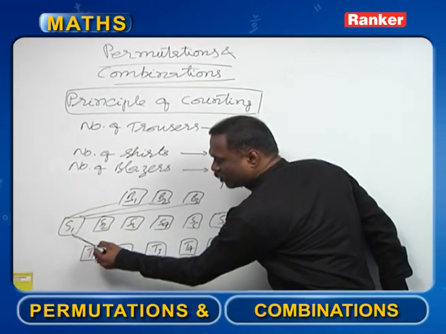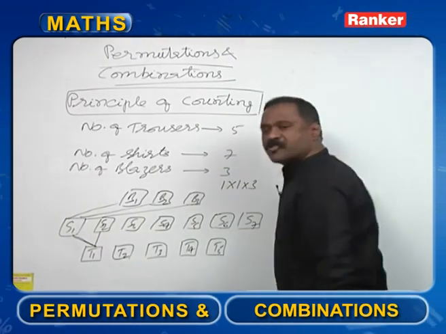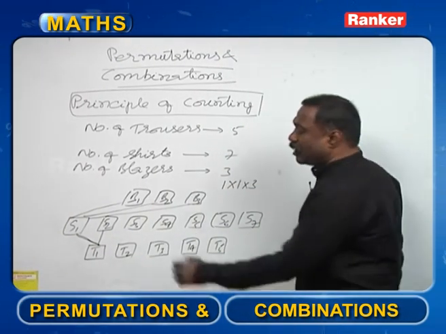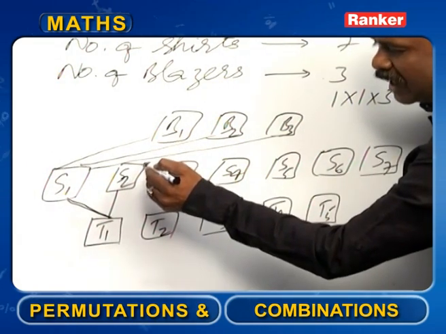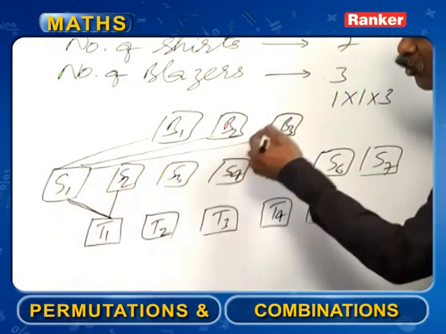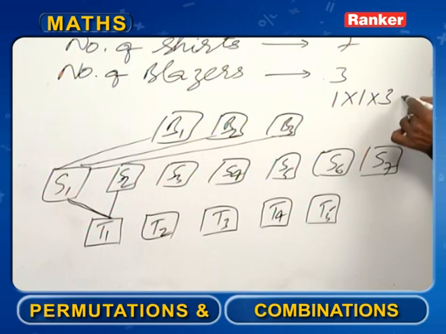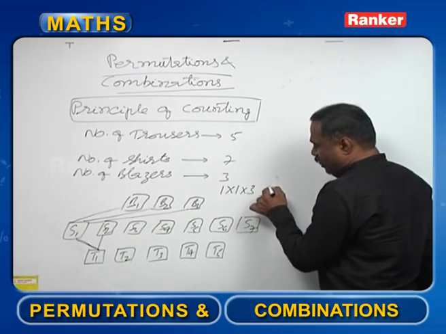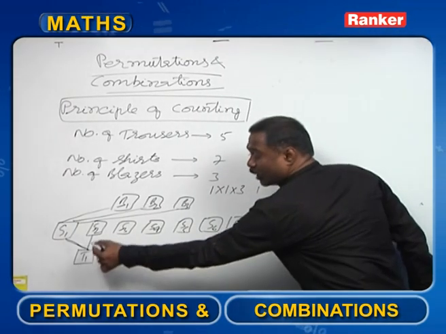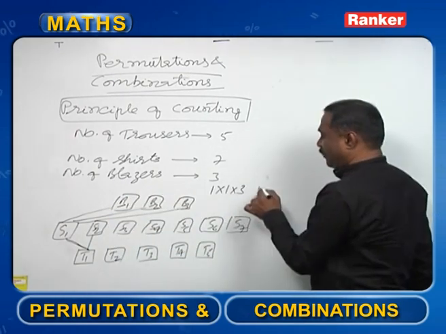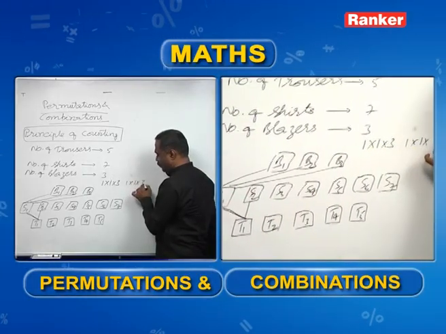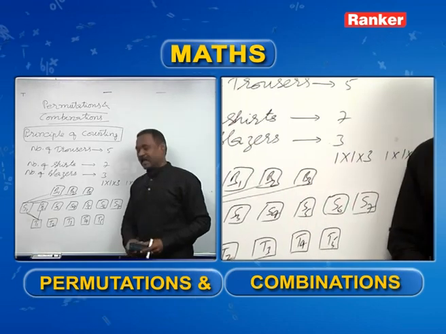Similarly, for the same trouser, he can shift to the second shirt, and again he has 3 ways to go with the blazers. So again it is 1 into 1 into 3.